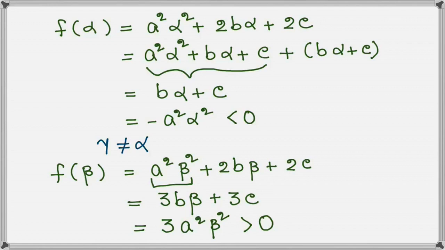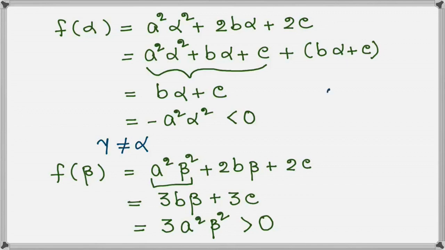Note that f of x is a continuous function, and at alpha f is strictly less than 0 and at beta f is strictly bigger than 0. So therefore there must exist a gamma in between alpha and beta so that f of gamma is equal to 0.